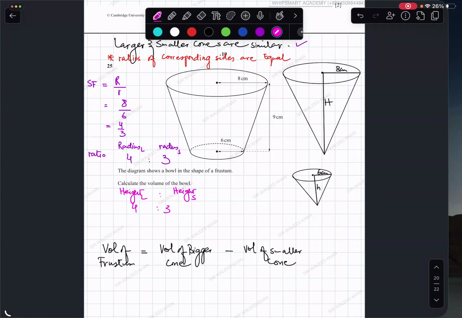Do we have the difference? Yes. Do we have the difference over here? The difference in height. Do we have that? Yes or no? Yes. What is the difference in height? Not the ratio, but of the actual height.